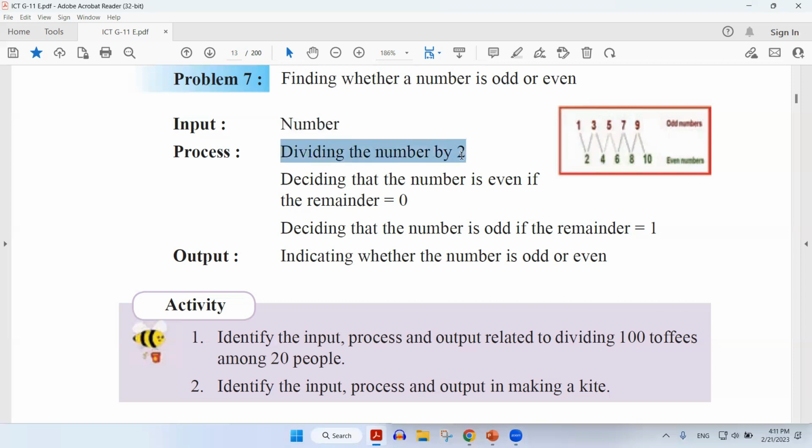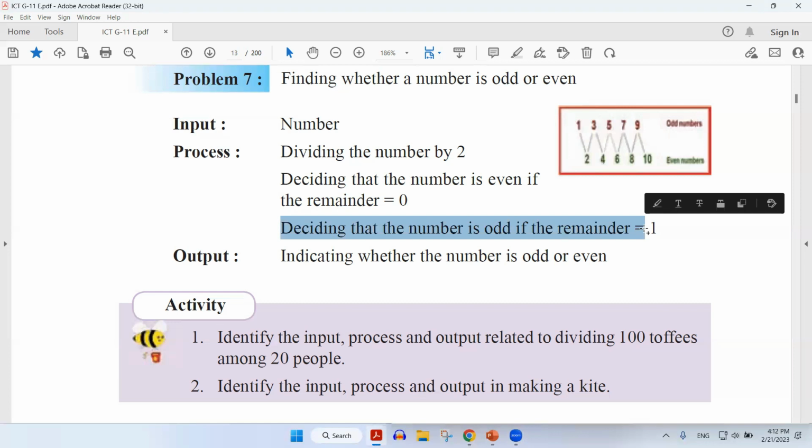We divide the number by 2 and we consider the remainder. If the remainder is 0, then we can take it as an even number. If the remainder is 1, then we can take it as an odd number, right? Then the output is given whether the input number is an even number or an odd number. A very simple task.